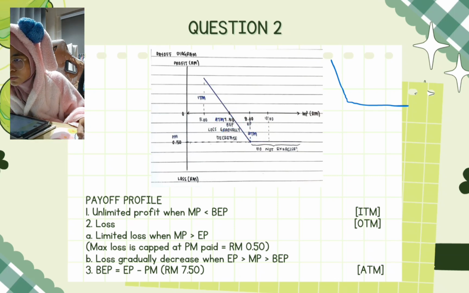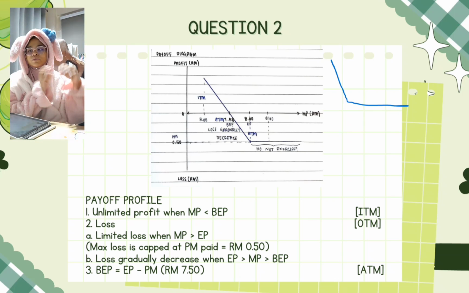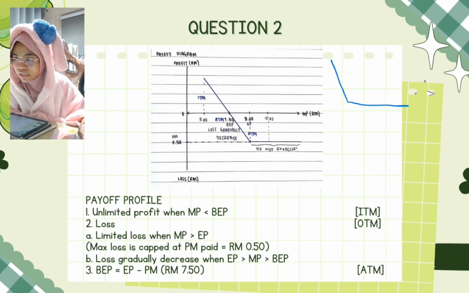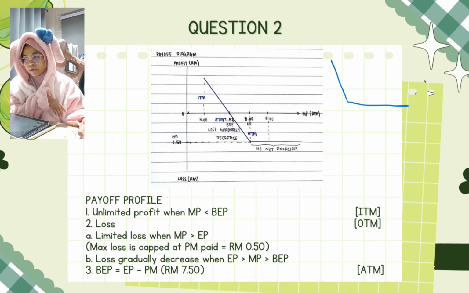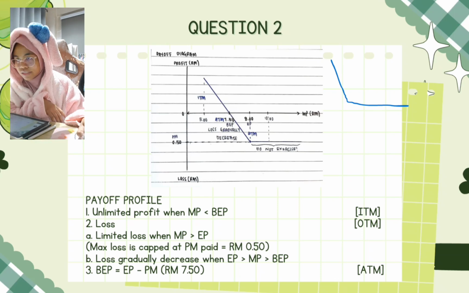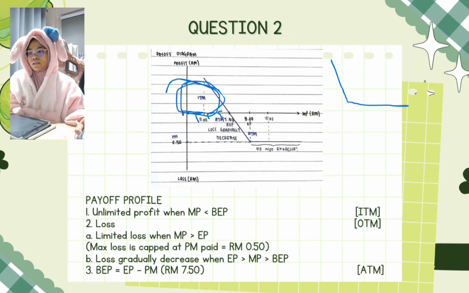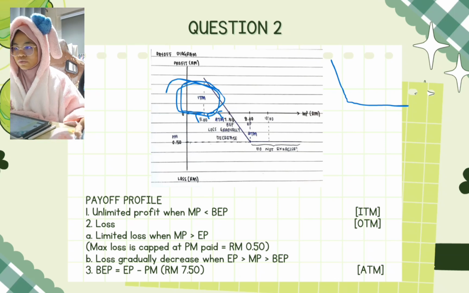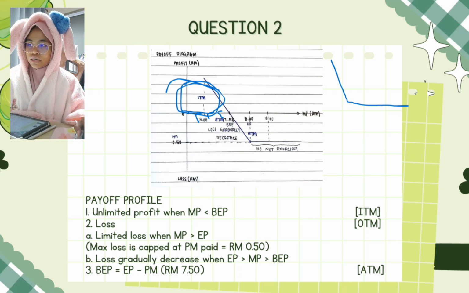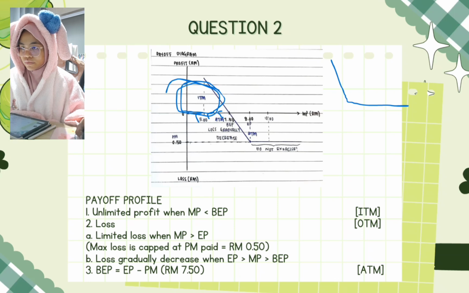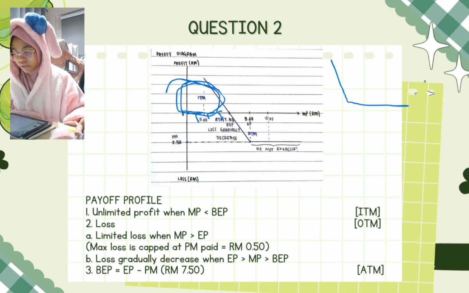Okay, so the payoff profile for this is unlimited profit when market price is less than BEP. So this is BEP, unlimited profit starts here. So this is the unlimited profit area. So limited loss when market price is higher than EP. So when market price is higher than EP, this is it.